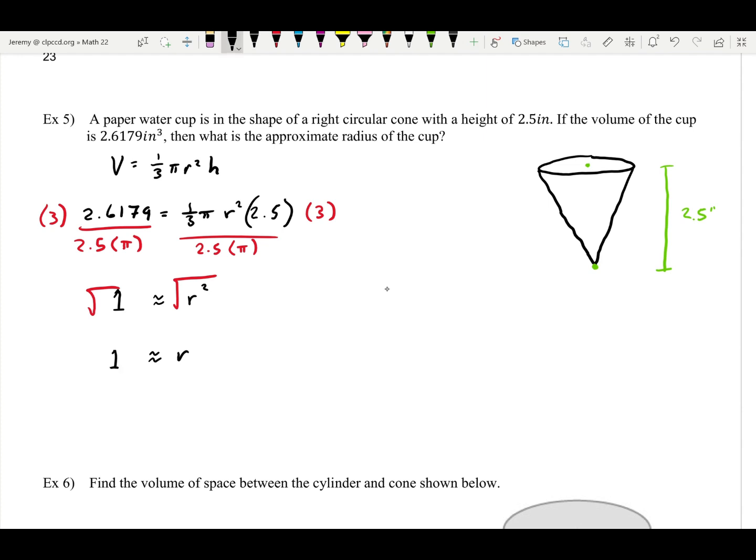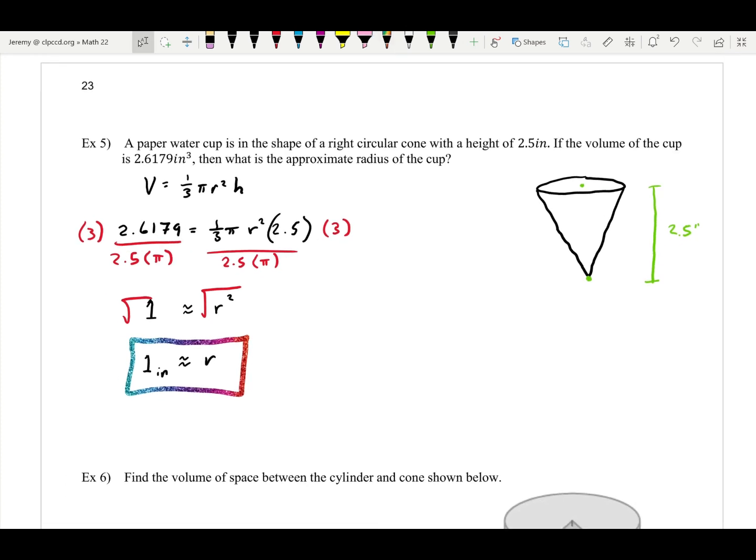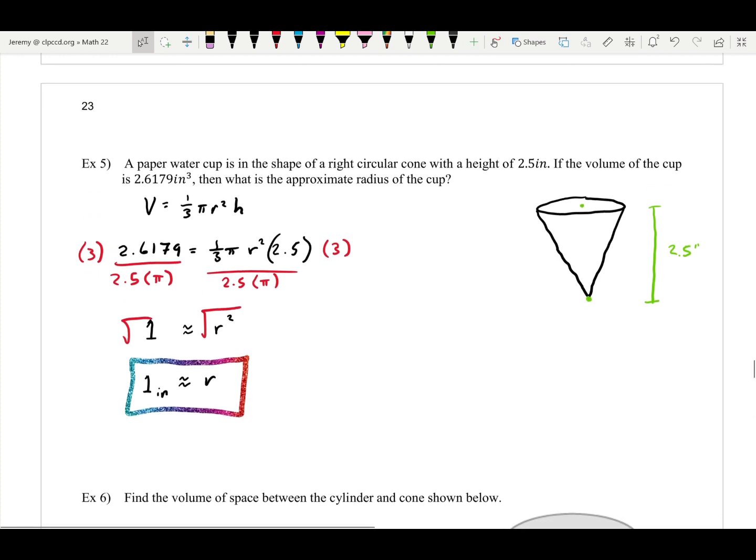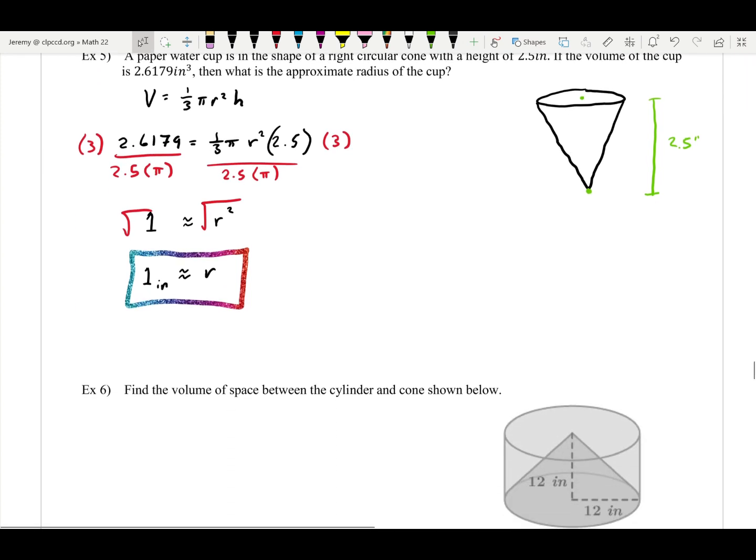So r is approximately equal to positive 1. And what are the units? It would be inches. I'll box that up. Okay, so using the correct formula, substituting in values in the right places, and solving for the variable r. Okay, so the radius of this cup is 1 inch.